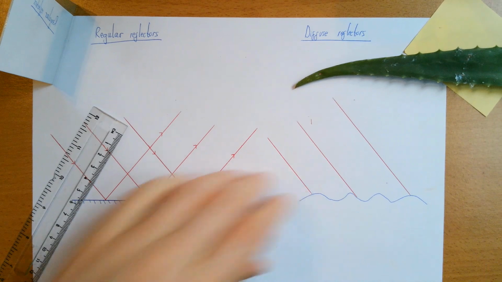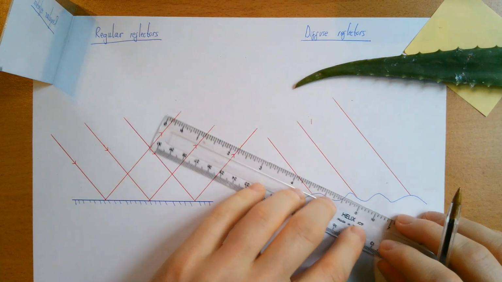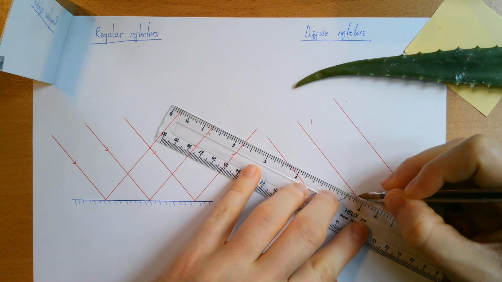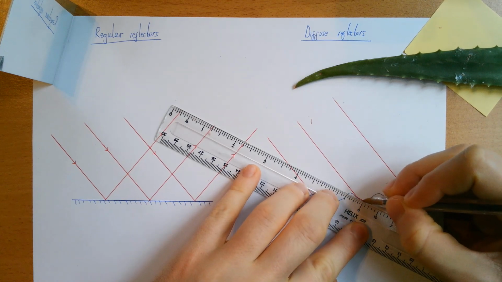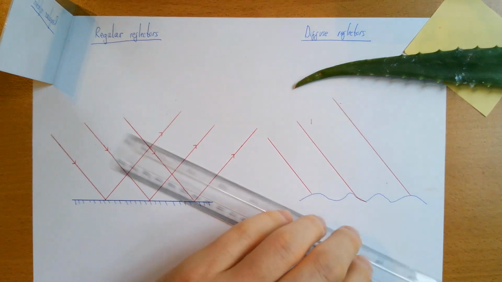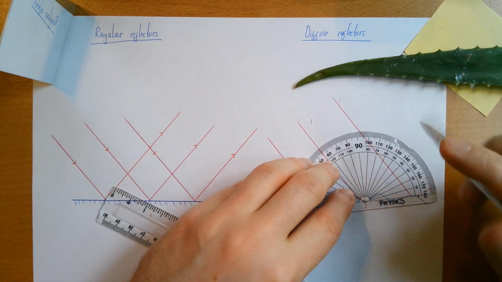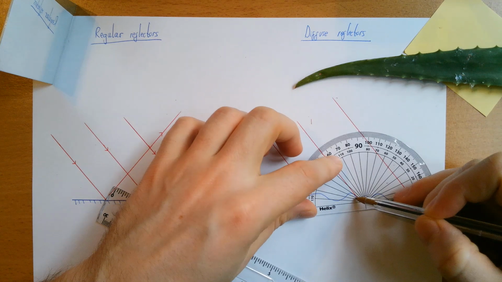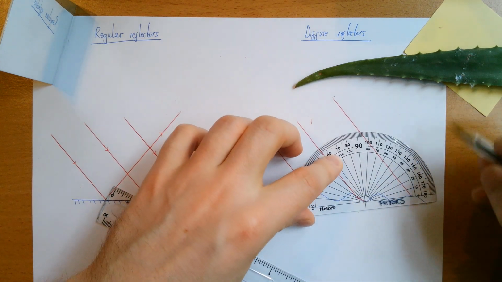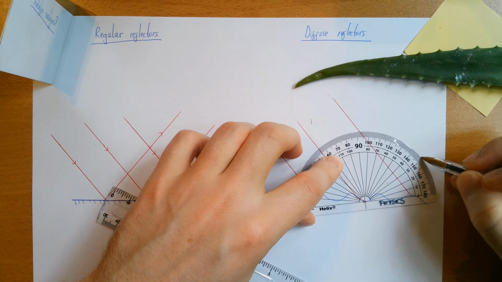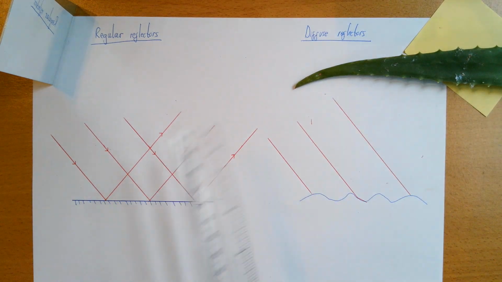So in fact, that ray is going to reflect off the surface a bit like that. And then it's going to reflect again. So that's coming off at about 32, so 10, 20, 30. So that's going to come off about that way.